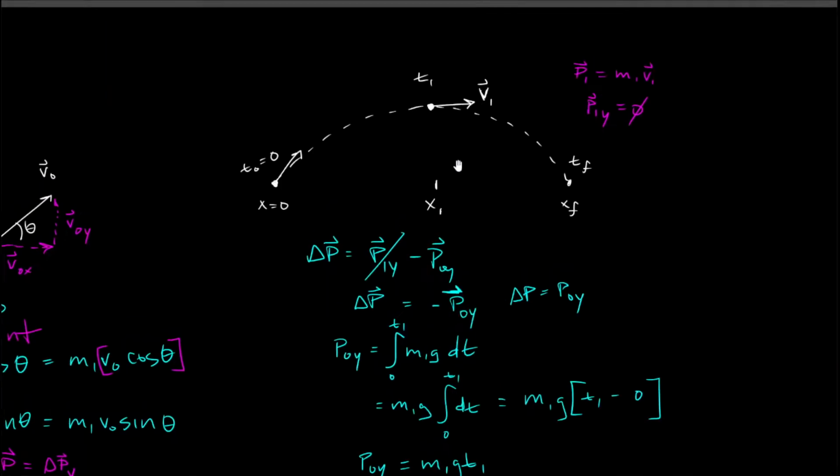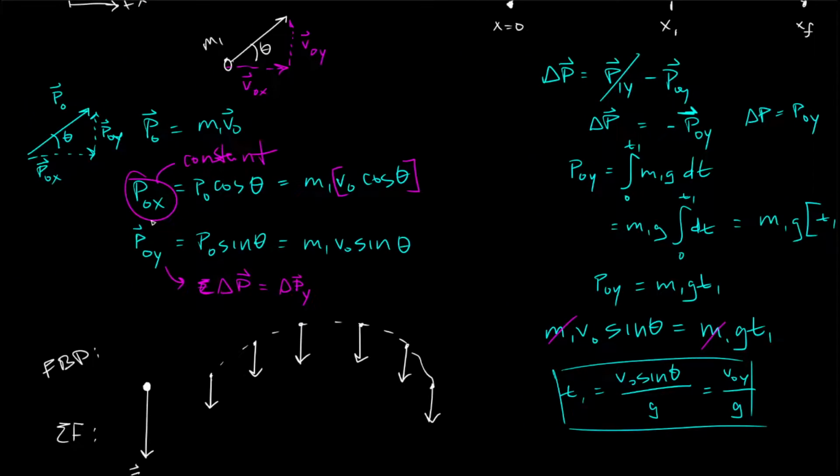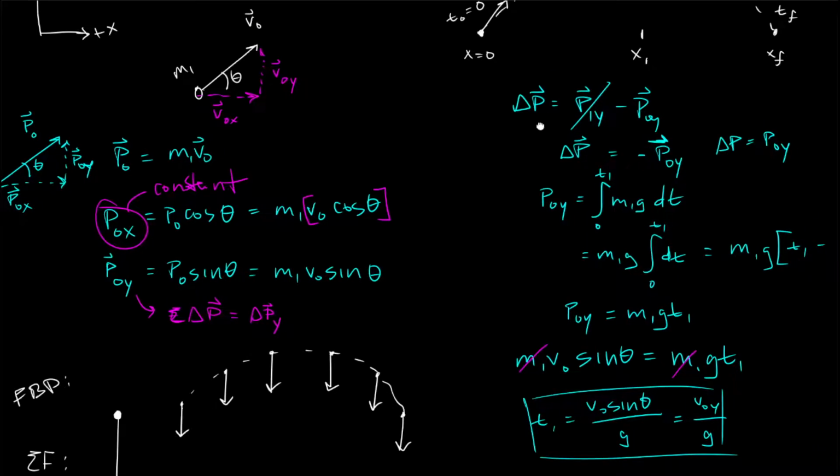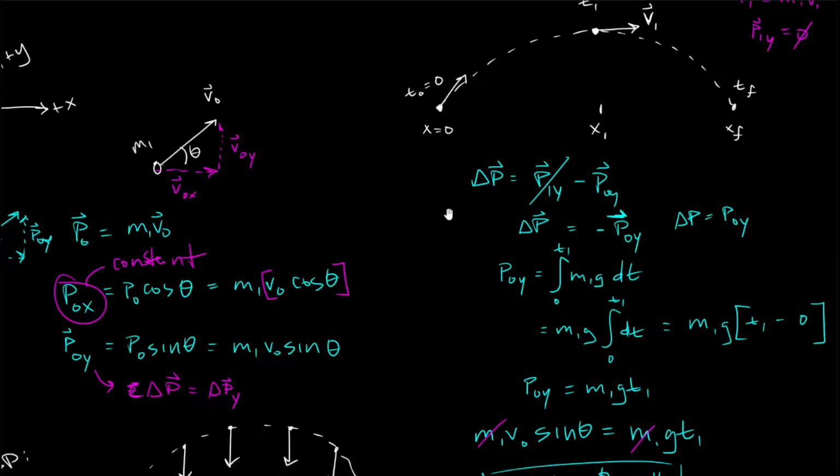Now we have the time taken to reach this point. Now we can use this idea that our momentum in the horizontal direction is constant. So now we're interested in its horizontal displacement after that amount of time.